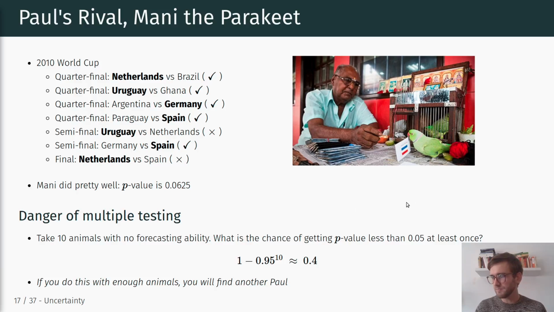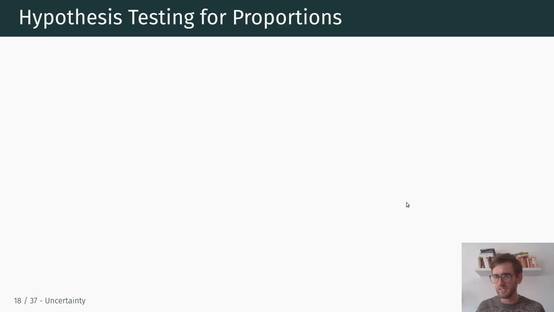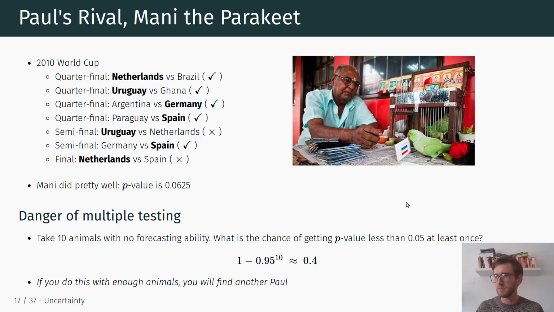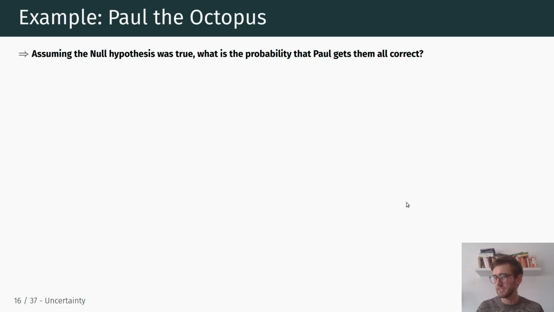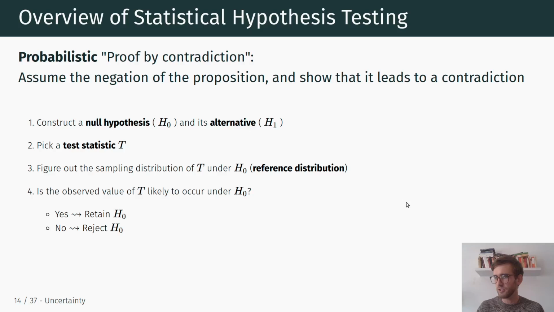Anyway, this is the first illustration of the idea of hypothesis testing. The underlying structure is always the same. We construct a null hypothesis and an alternative. We pick a test statistic, t, then we figure out the sampling distribution of that test statistic t under the null, and that's what we call the reference distribution.